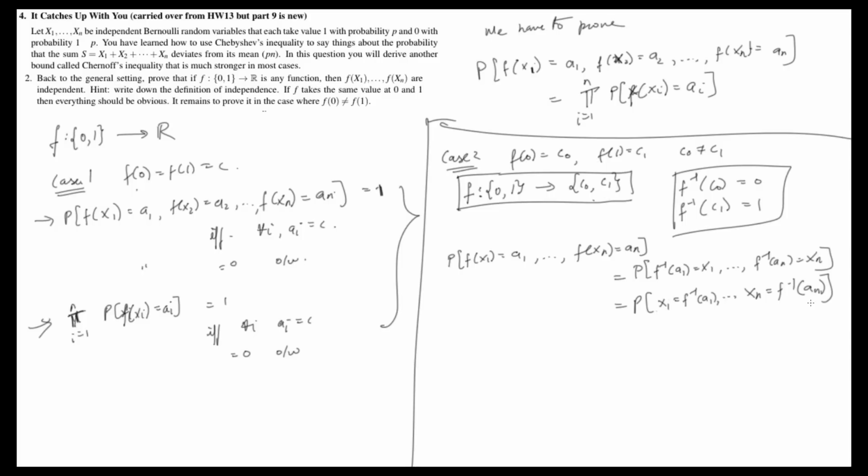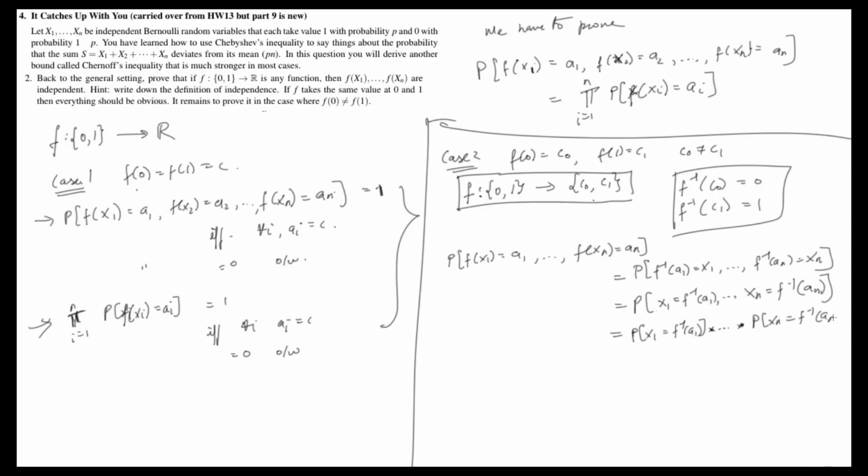Oops, I didn't actually use independence yet, but I just rewrote it so that x1 is in front, so that it's a little clearer. So now this, because of independence of the xi's, is probability of x1 is equal to f inverse of a1 times all the way to, let's put a dot, probability of xn is equal to f inverse of an.